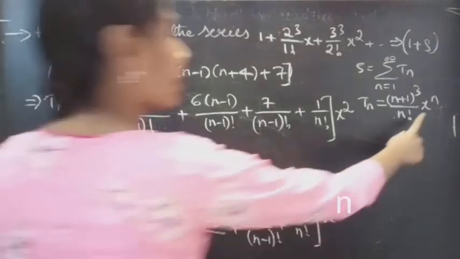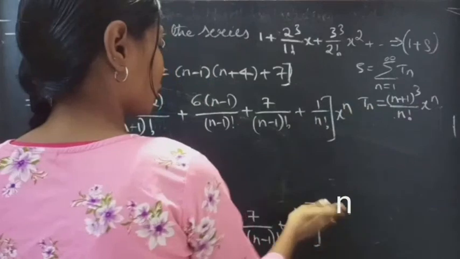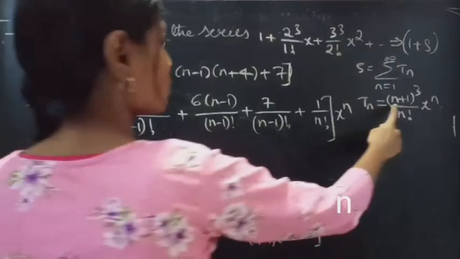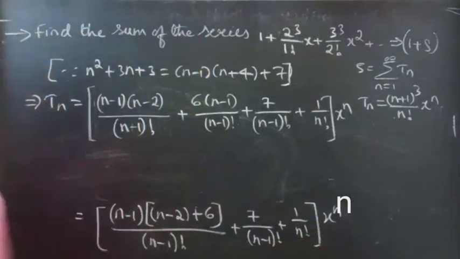See, you have x power n, right? This is not square n, sorry. Fine. We have Tn equals (n plus 1) whole cube by n factorial into x power n.